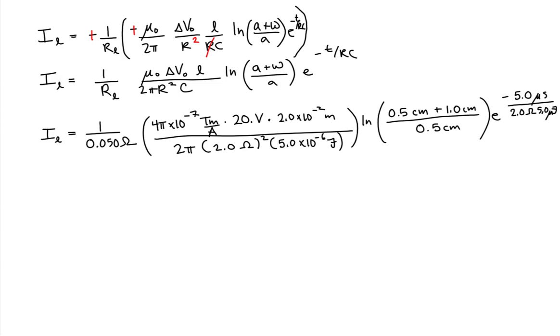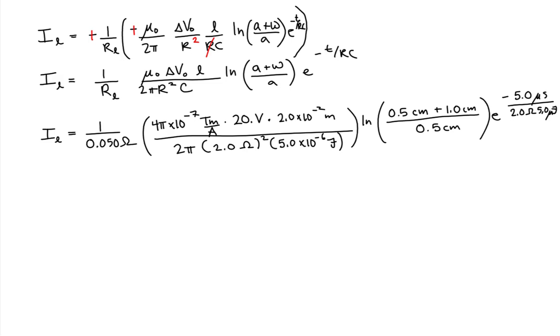Okay, we have a lot of stuff here, but I think we could do some simplification. Let's start with our exponential term. Now notice we have a microsecond over a microfarad ohms. Well, remember that product comes from RC, and you might remember that the product of RC has units of seconds.